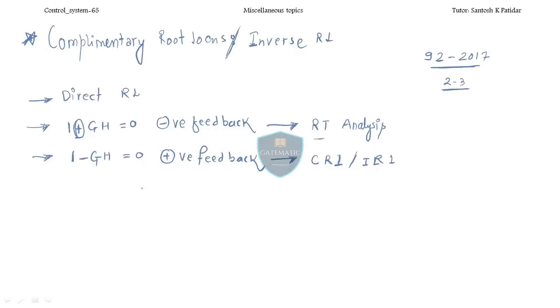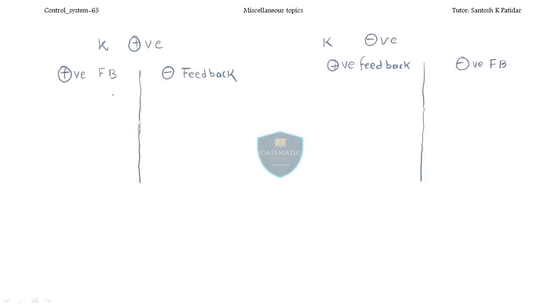Now here two things will be there. Come here, I have two scenes related to the K value and the feedback. In the first case, K is the system DC gain, and suppose it is positive, and your feedback is positive feedback.